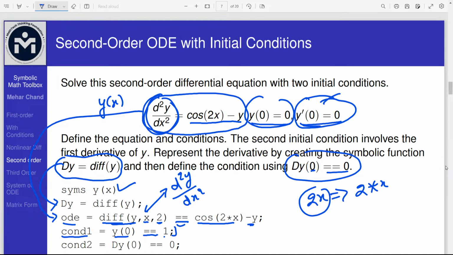Then we have the second condition, condition 2, which is dy(0) is equal to 0. Dy is used for y dash. So this is the corresponding program for the given differential equation with the initial conditions.